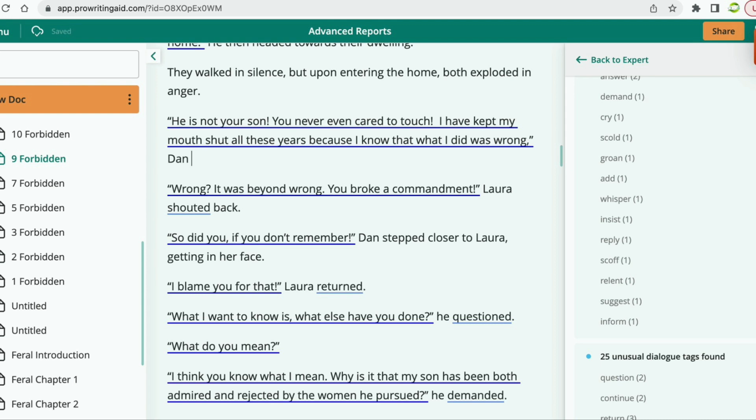I have an issue with him just saying Dan began. It just sounds like it's incomplete somehow. Sounds a little weird to me. So Dan.